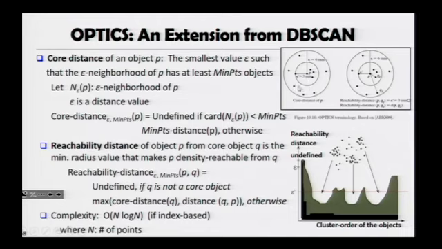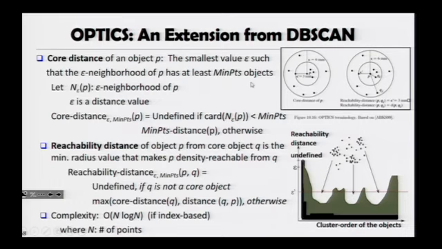The smaller neighborhood, the larger neighborhood, and even larger neighborhoods can all satisfy the minimum points requirement. But the core distance represents the radius of the smallest neighborhood that satisfies it.